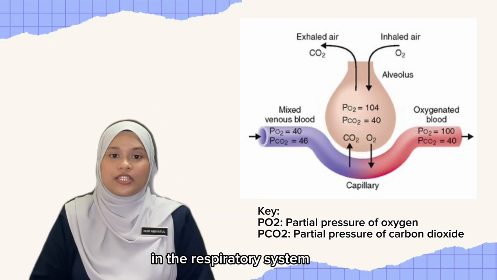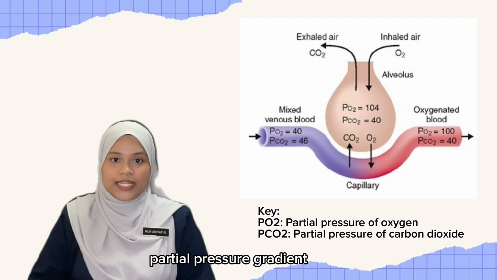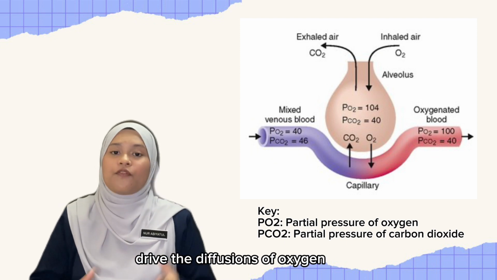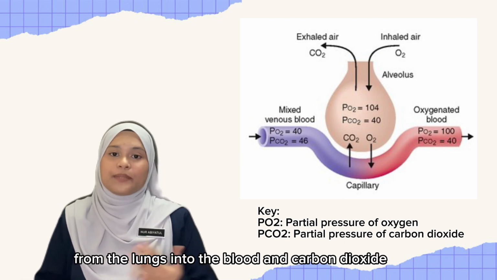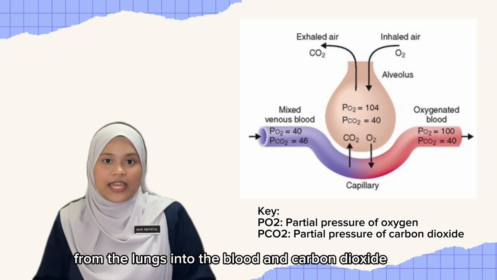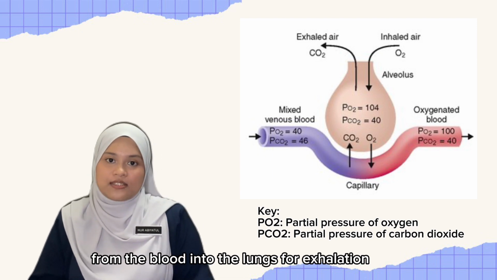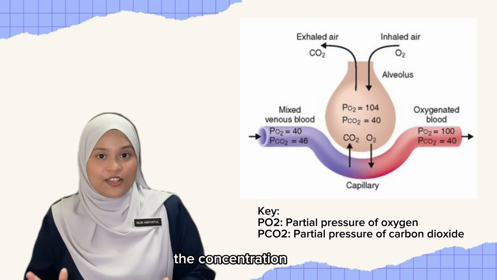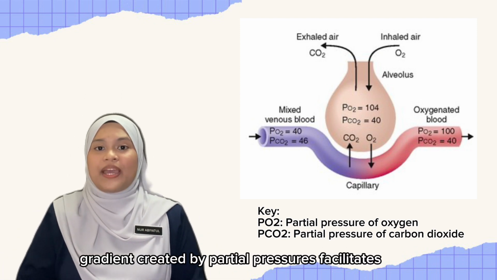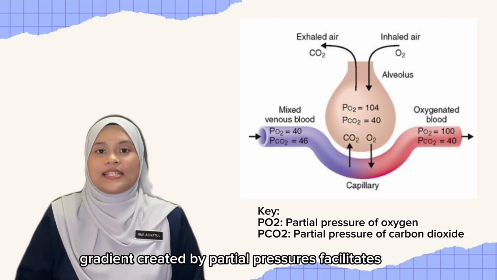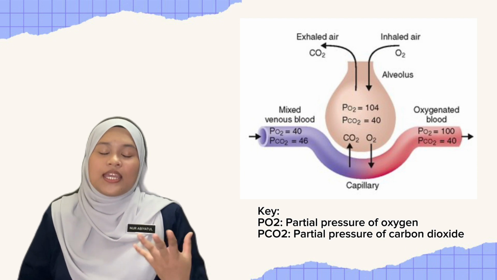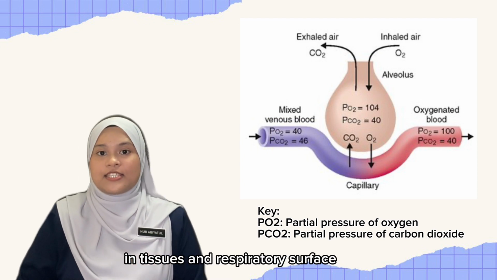In the respiratory system, partial pressure gradients drive the diffusion of oxygen from the lungs into the blood and carbon dioxide from the blood into the lungs for exhalation. The concentration gradient created by partial pressures facilitates efficient gas exchange in tissues and respiratory surfaces.